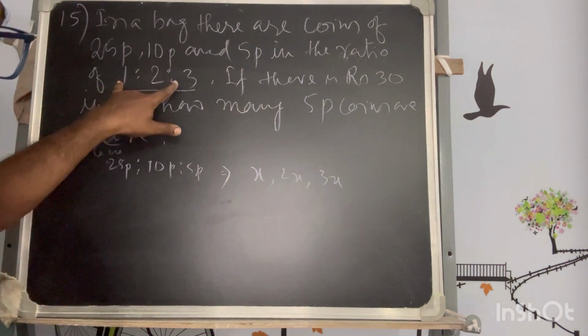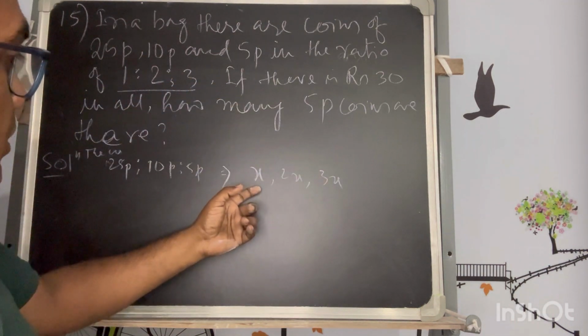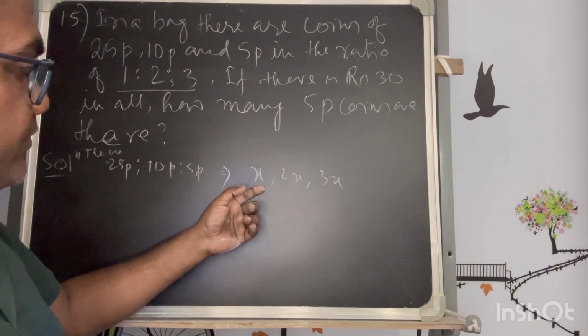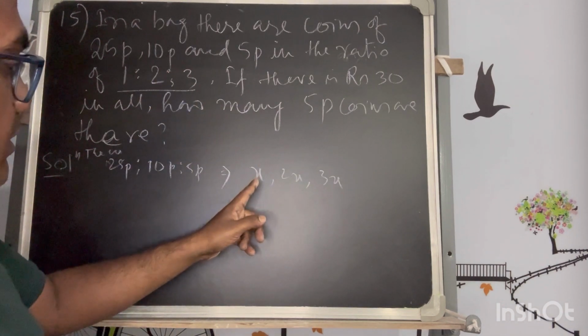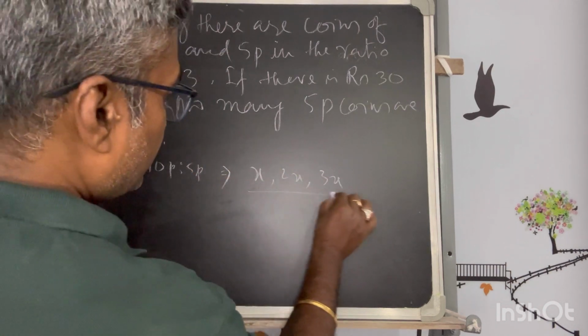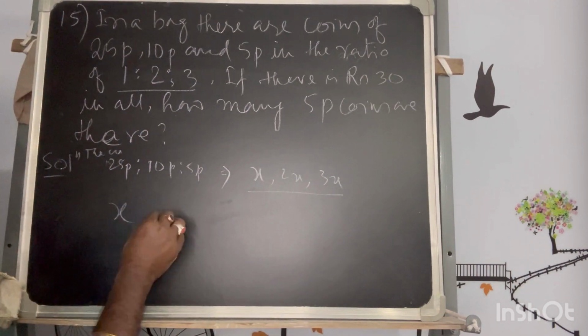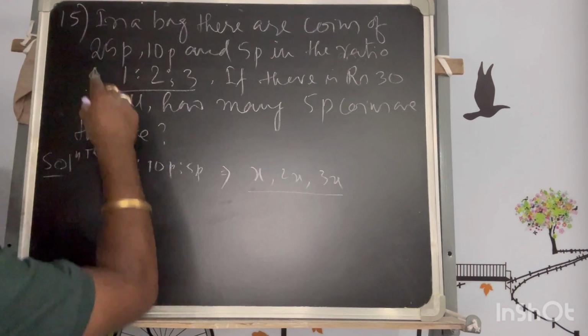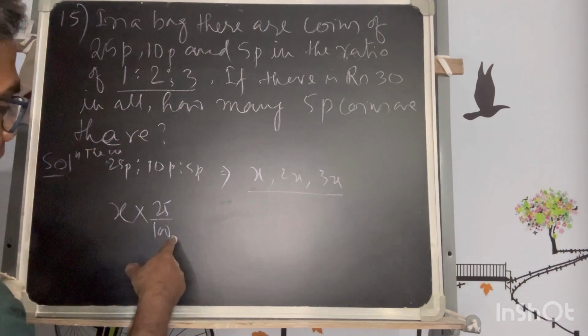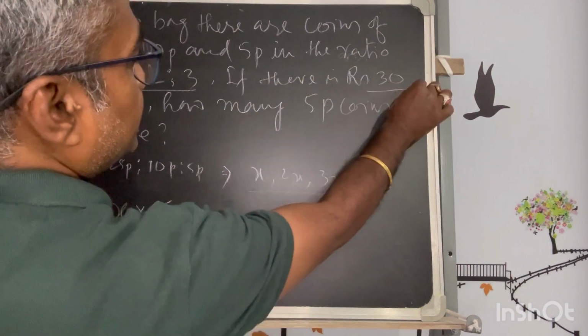What are the numbers given? 1:2, 2:3. So I am getting the common factor of multiplication as x. So the quantity is exactly x, 2x and 3x. Now what is the value of x number of 25 paisa? 25 upon 100, because I am converting into rupees as this is given in rupees.